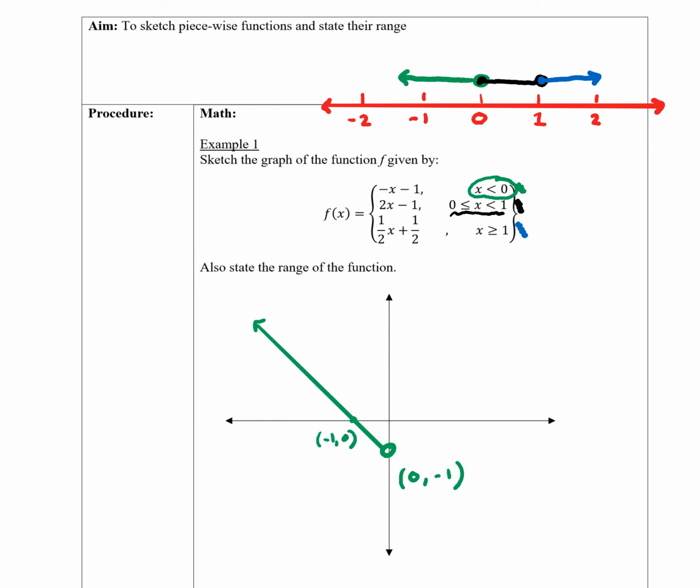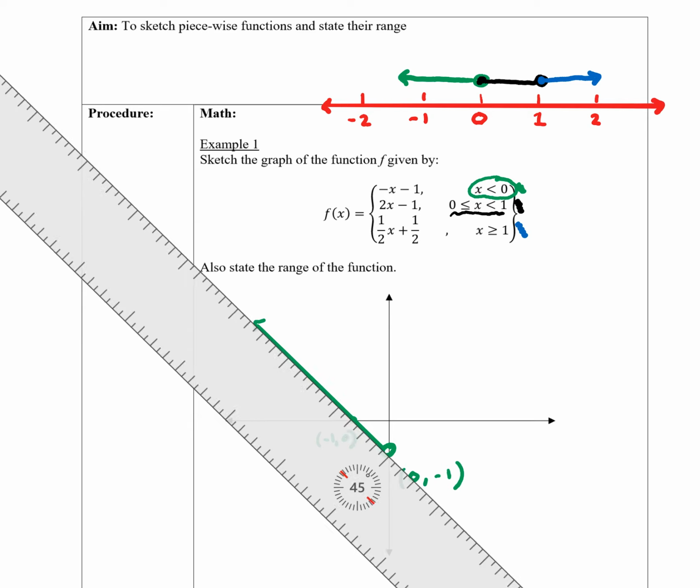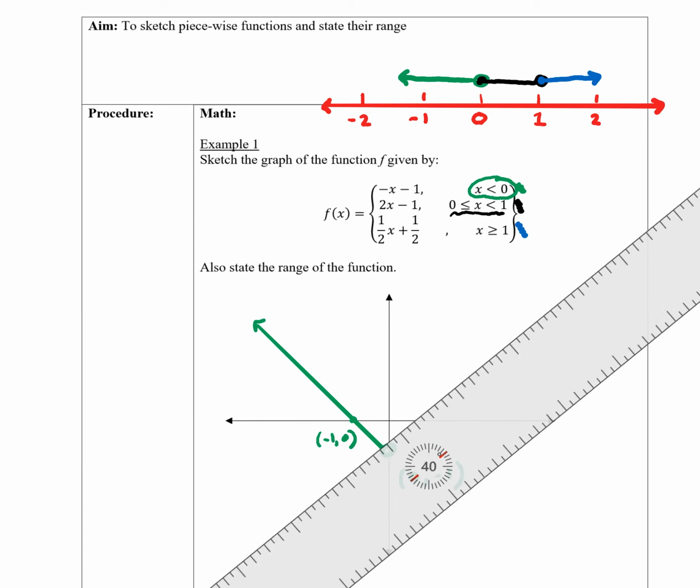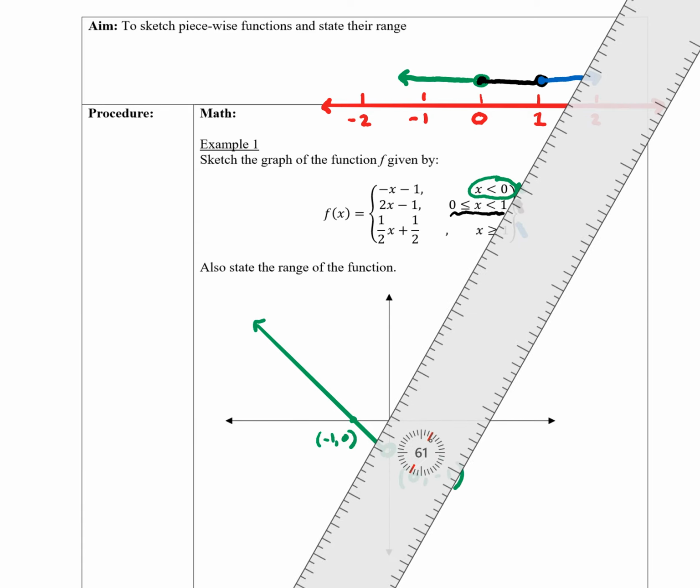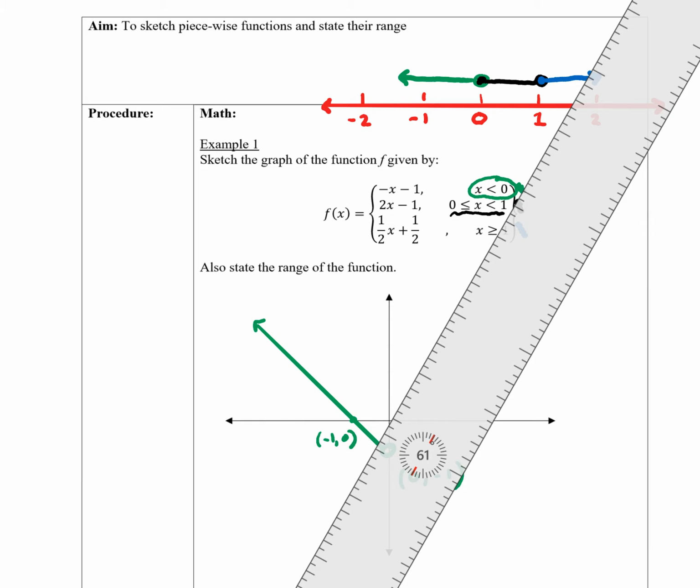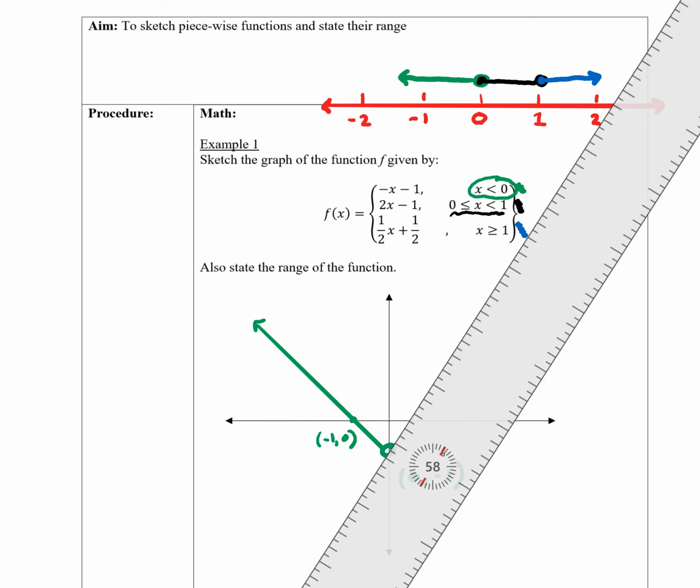Now our next graph is 2x minus 1. That's a graph that would have quite a bit of a steeper positive gradient, so it might look something like this. And it's also dropped down to minus 1. Now we need to start this at 0. So what I'm going to do is say 2 times 0 minus 1 is negative 1, or you might have recognized that from mx plus c.